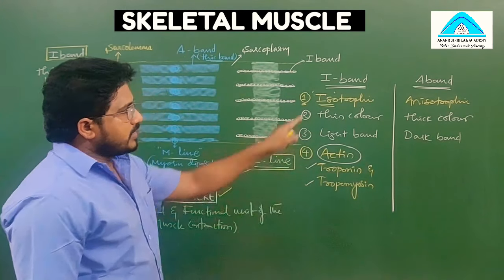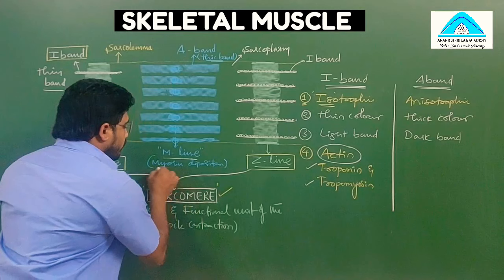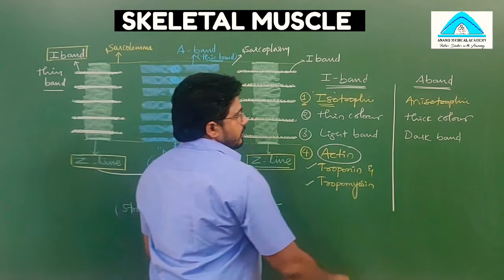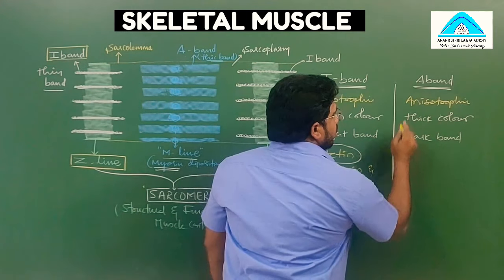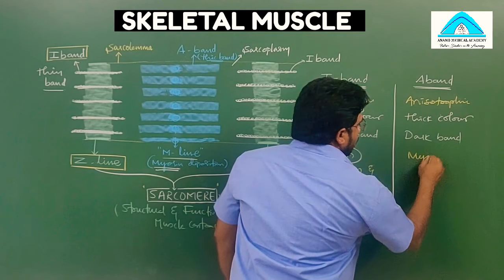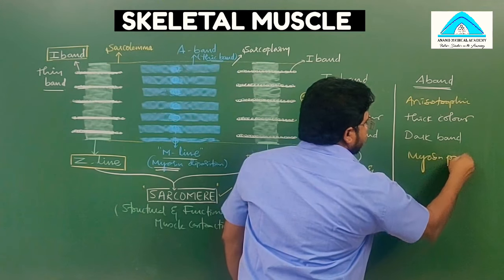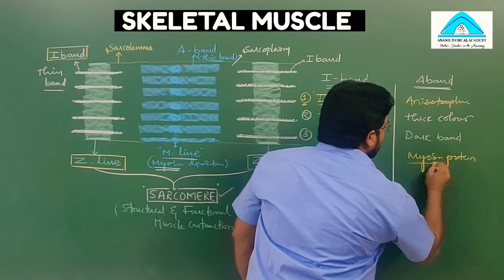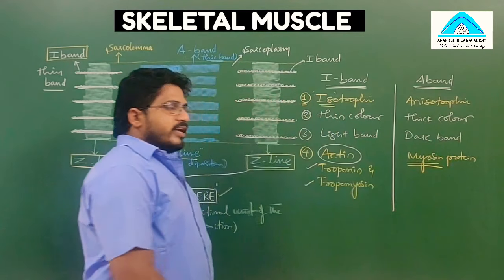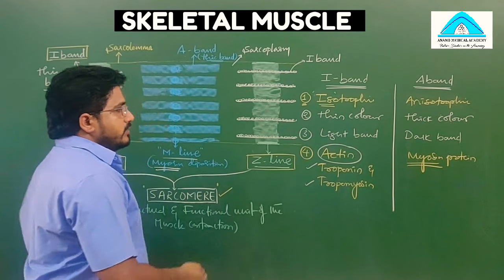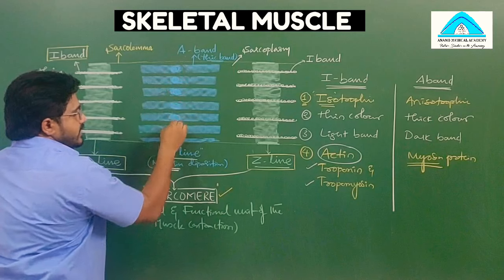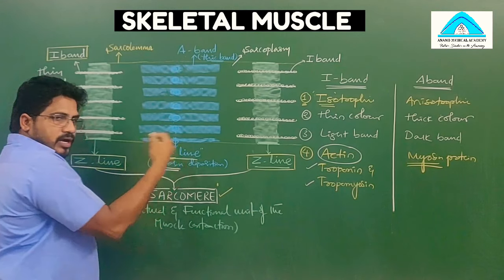Then what is the protein present in the A band? Already I told you, that is myosin. The protein present in the A band is myosin. Myosin protein gives darkness, and dark myosin depositions are more in the center of the A band. That's why there is more darkness.